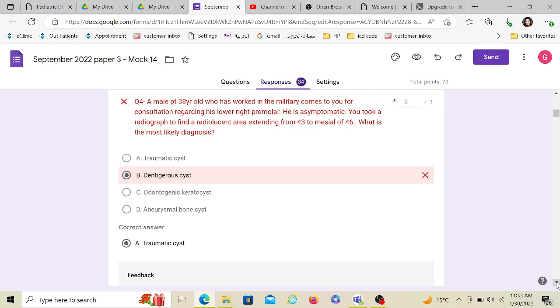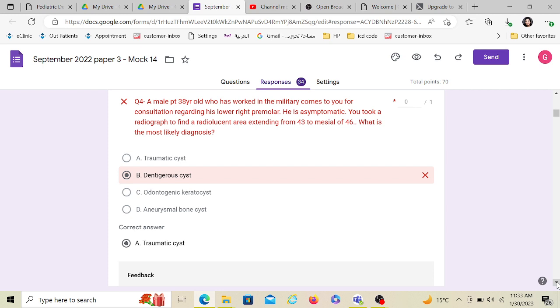A male patient, 38-year-old who has worked in military, comes to you for consultation regarding his lower right premolar. Now see, this is a very important question. Why? Because it helps you to analyze. See, whatever question the ADC will give you, it's not just to create some random image in your head.